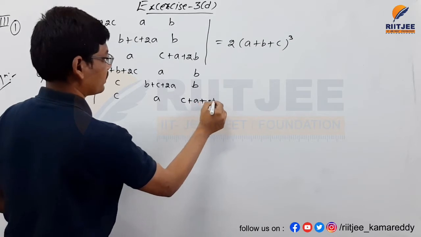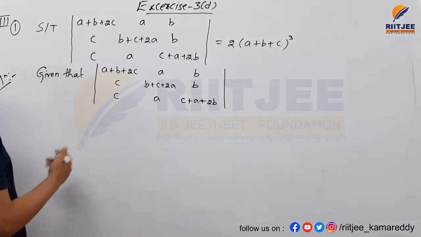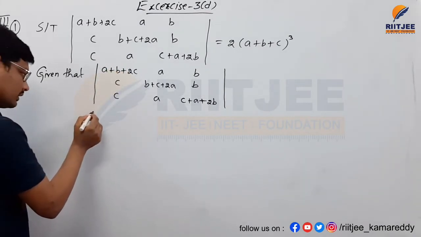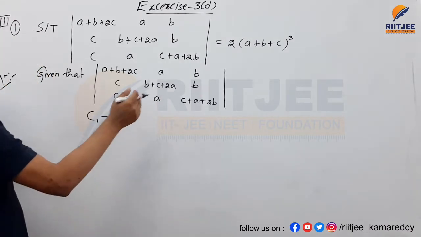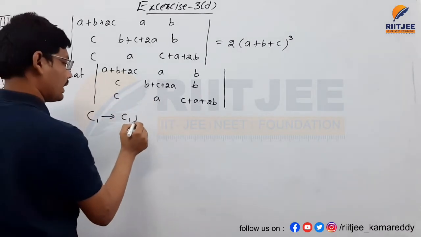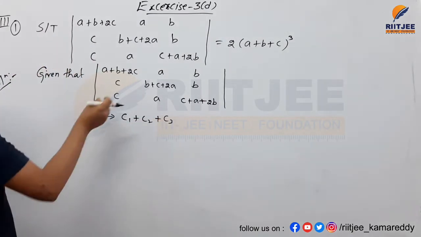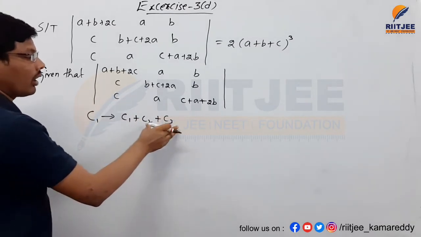First of all, I am changing C1 to the sum of c1, c2, c3, that is C1 plus C2 plus C3. Observe clearly, I am changing column 1 by adding all the columns.